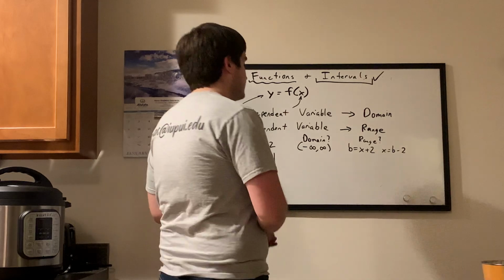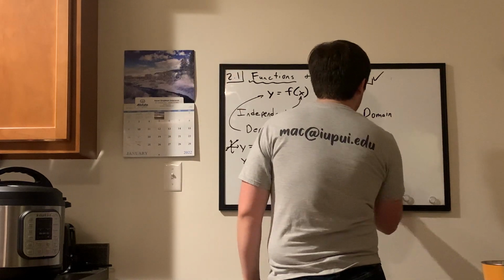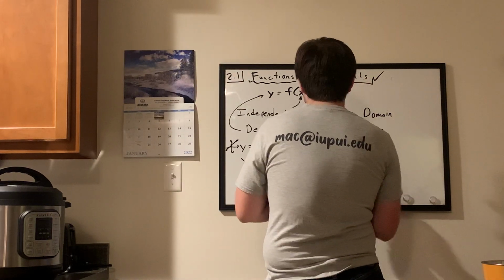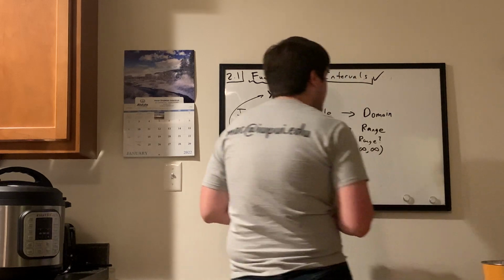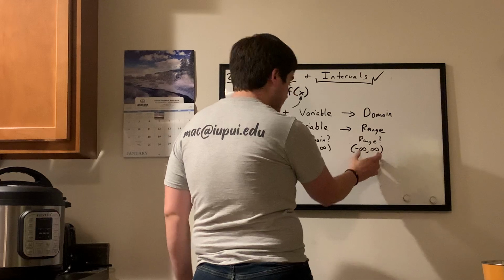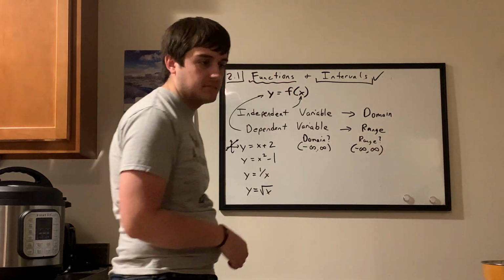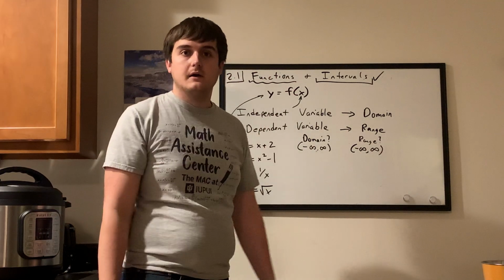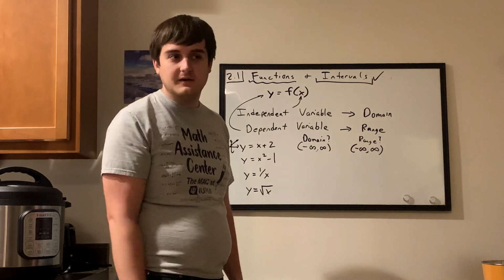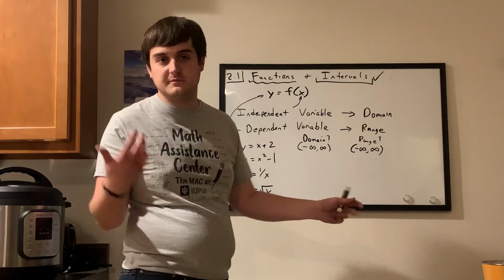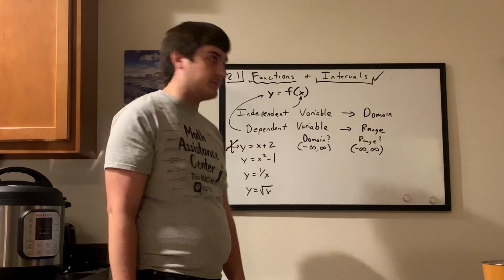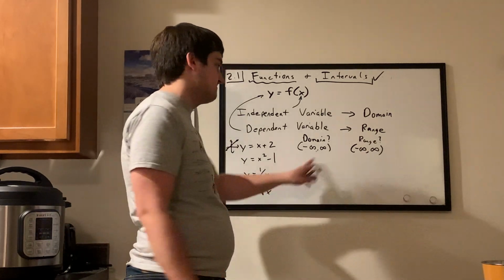This range consists of every single real number. Because of that, the range of this function is also going to be minus infinity to infinity. If it's in this range, I can get it out of the domain. If I want 100 billion and 2 in my range, I just let x be 100 billion, and that'll give me what I want.